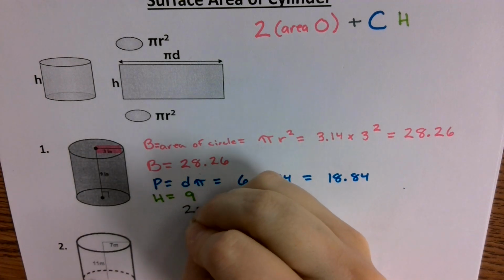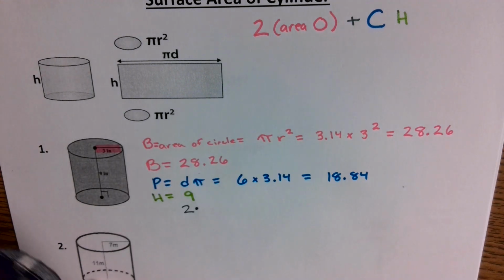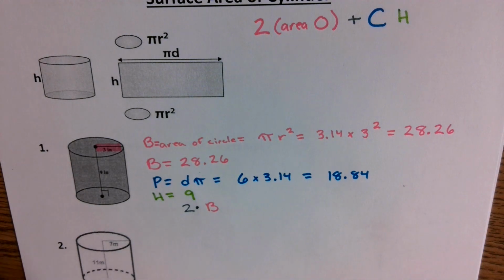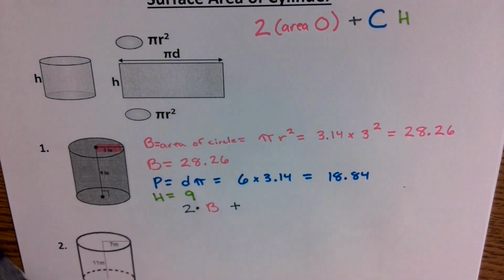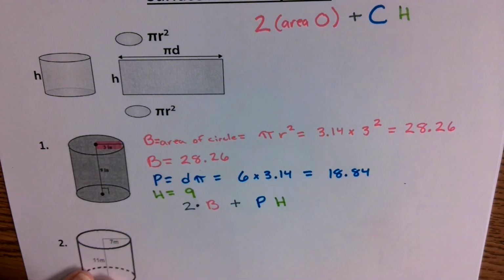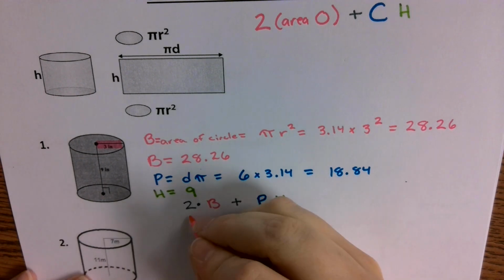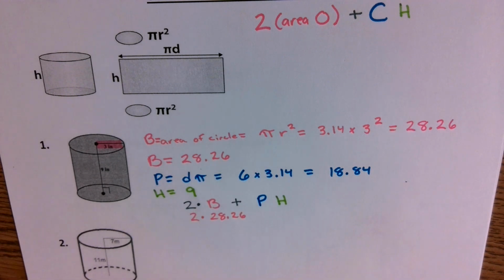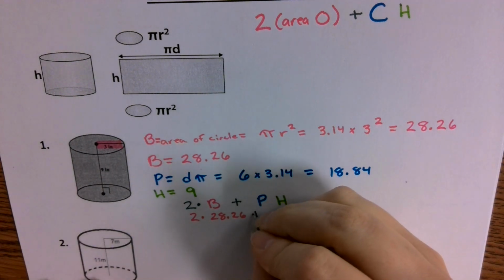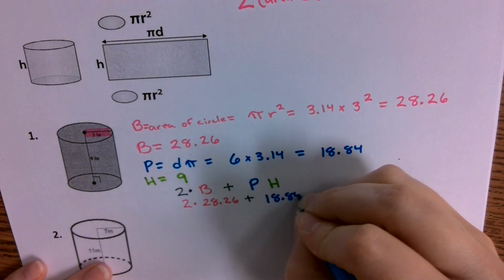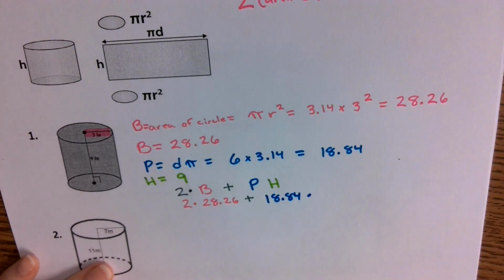We're going to do 2 times big B plus perimeter, or in this case, circumference, times the height. Okay, so 2 times 28.26 plus the circumference, 18.84, times the height.